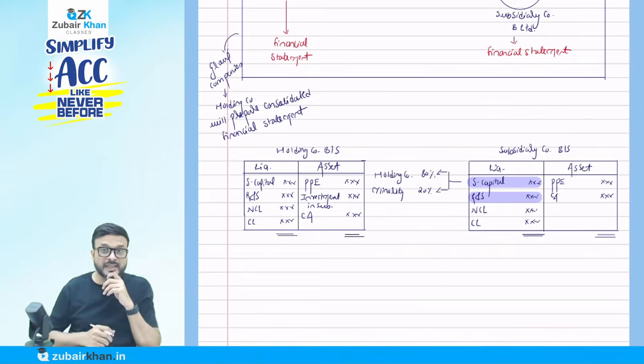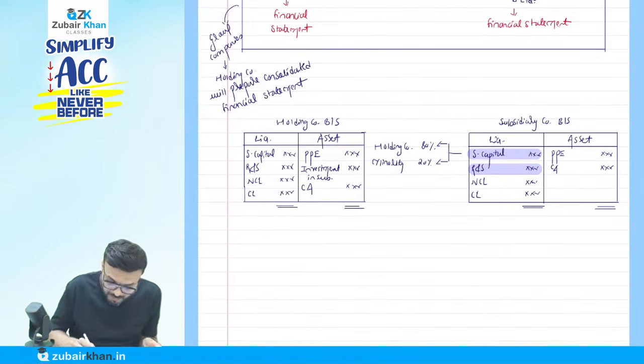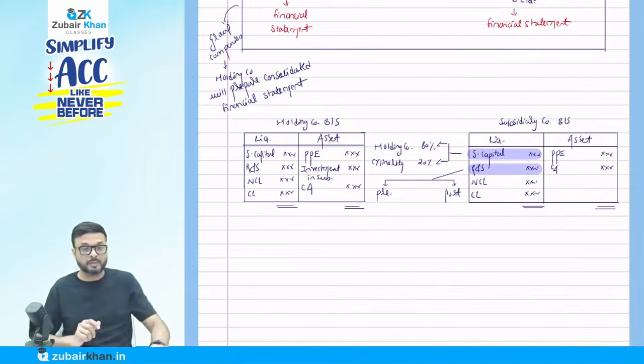Now, in the reserve and surplus also, we have to consider pre and post. You will ask, what is this pre and post? There are certain terms you have to be familiar with.